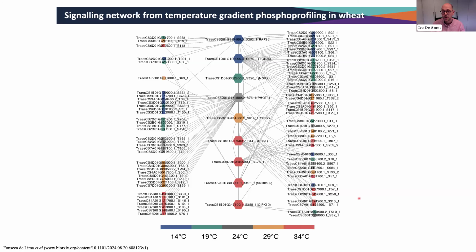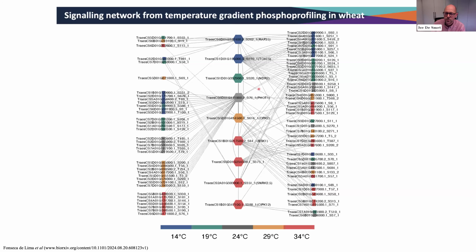We added the assumption that if there is a phosphorylation event on a kinase, and the kinases are positioned here in the middle, that event will be associated with an activity of that kinase. By following the phosphorylation dynamics of the kinase over the gradient and matching the putative substrates with similar profiles, we are able to build these networks.